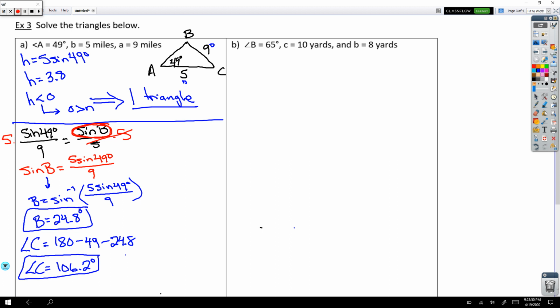Alright, last thing I need to find is side C. So, using the A's, so sine of 49 over 9 equals the C's. Sine of 106.2 over C, cross multiply. And divide.